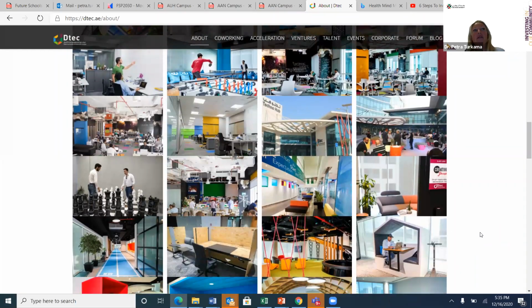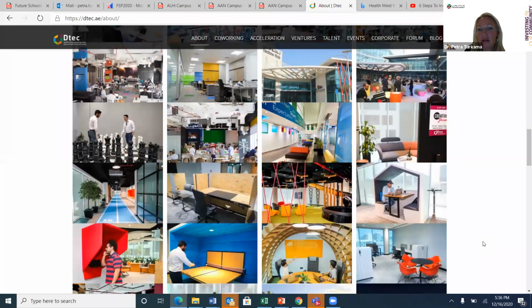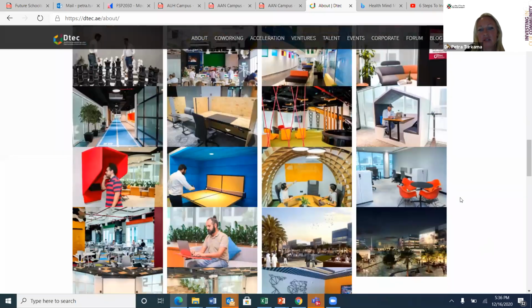Very many centers have displays of student work. That's also inspiring, to see what the others have been doing. Chess games, ping pong tables, and also individual work cubes, as we see here, where the man is in a little tent. But these are similarities in a lot of these centers.